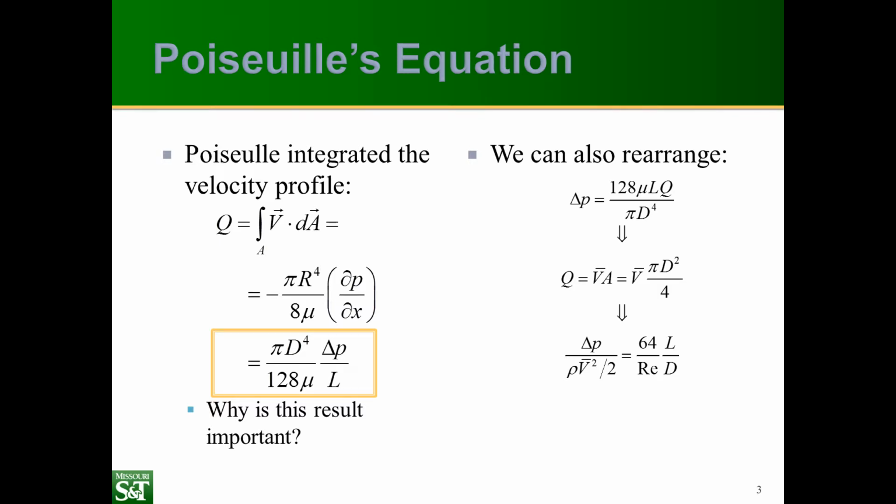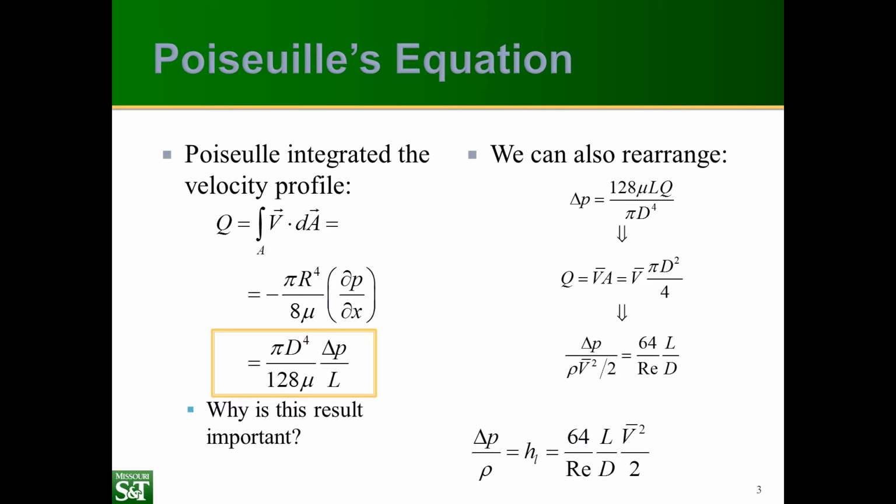We can further rearrange this equation to find the change in the energy grade line, or the head loss due to friction. Pressure drop divided by density gives us the head loss. So this is the head loss, and it represents the conversion of mechanical energy into thermal energy due to friction.